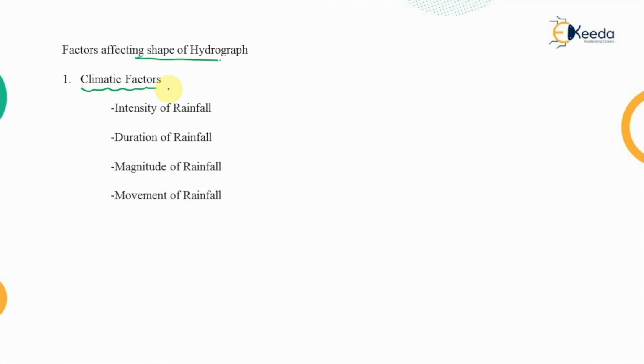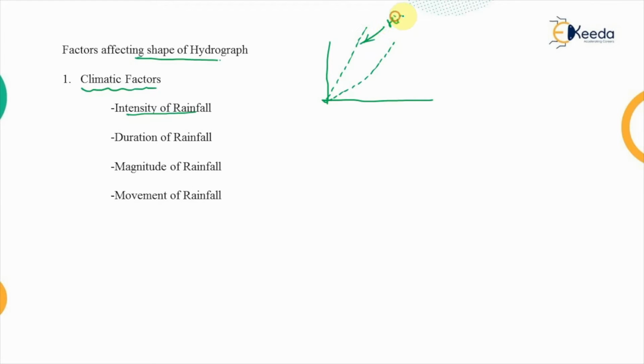So the first one is the intensity of the rainfall. Now if the rainfall is intense, then obviously the rainfall that is occurring will be of higher magnitude. So in that case, the curve that we were getting initially, this was the rising limb, we will now be getting a steeper rising limb, because more runoff will be obtained in a shorter duration because of the higher intensity.